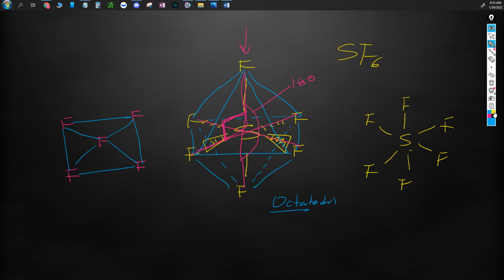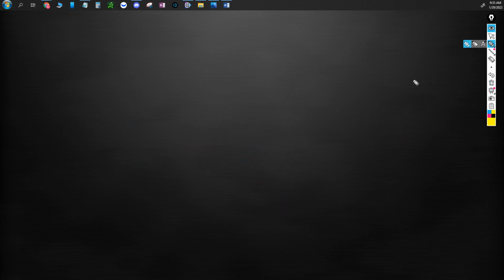And then you will see S right below the F. So think about the connections easily when you think about geometry. That angle is going to be what? 90 degrees. So everything around this, except the verticals going from plane to plane, which are 180 degrees, every bond to bond is going to be 90 degrees.